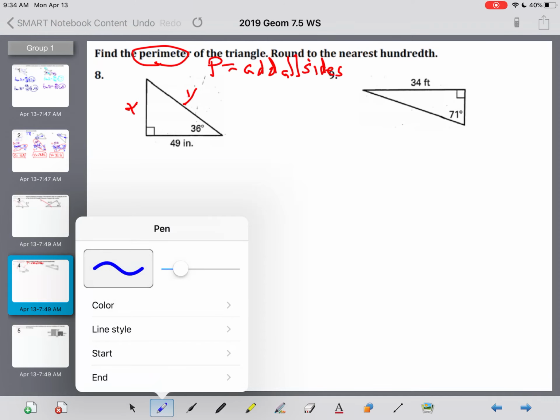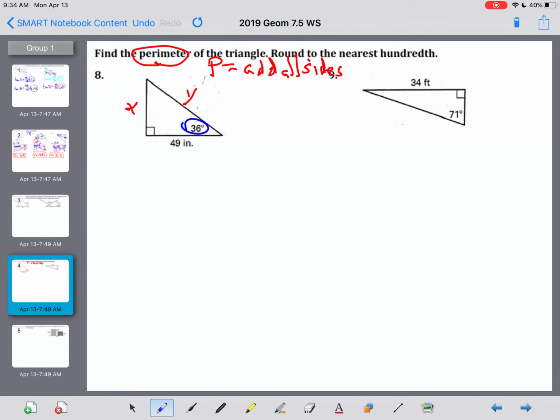So, moving on first of all here. So I've got this across from that and that. So this is going to be the tangent of 36 over 1 equals x over 49.